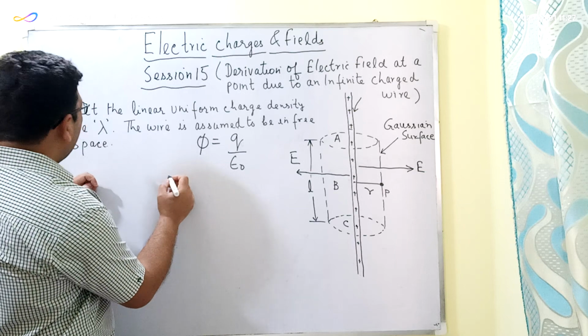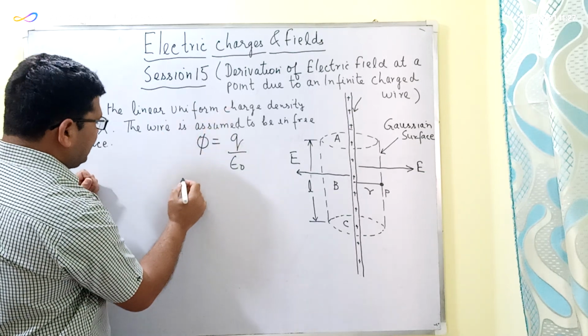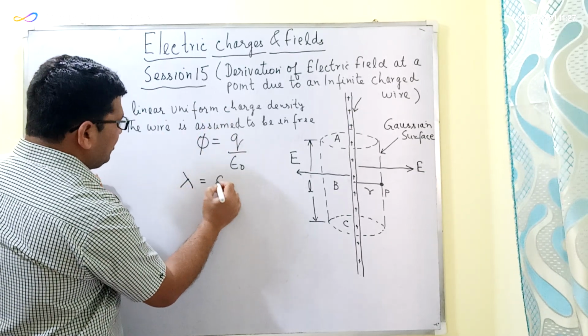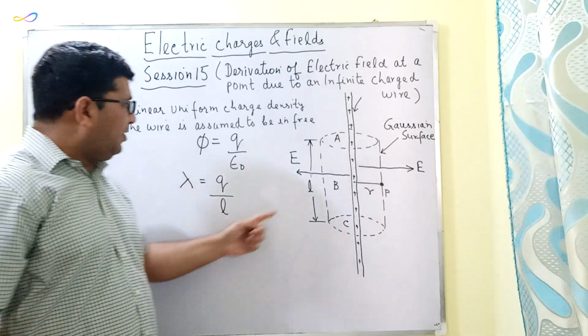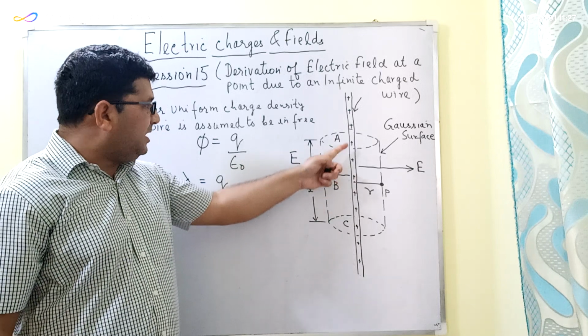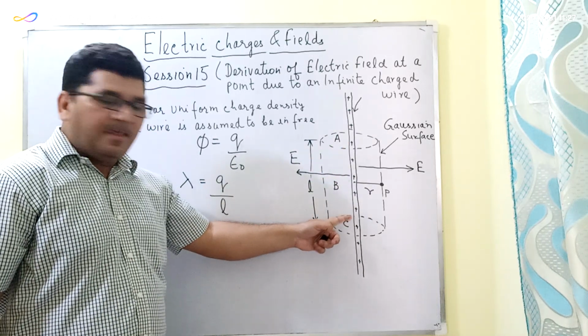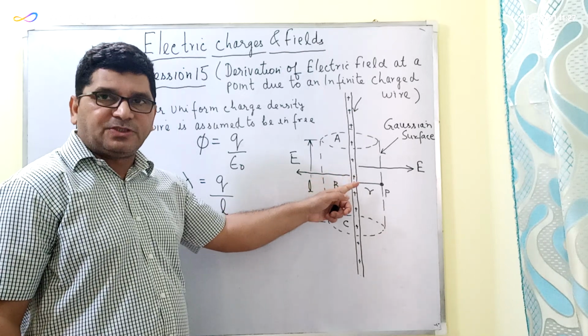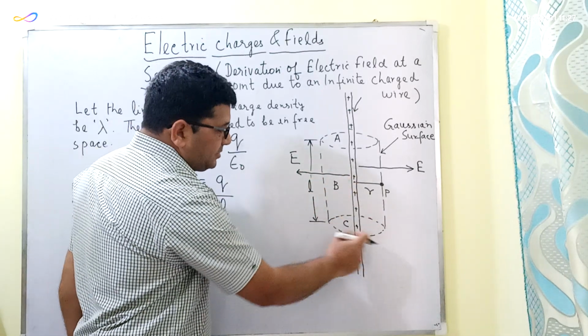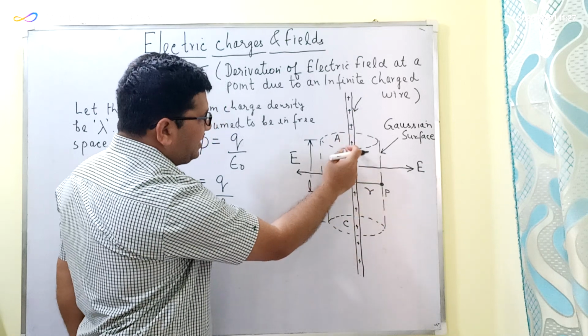So if the linear charge density is lambda, then lambda is equal to Q upon L. L is what? This is the length of the conductor which is inside this cylindrical Gaussian surface as shown by this dotted line.